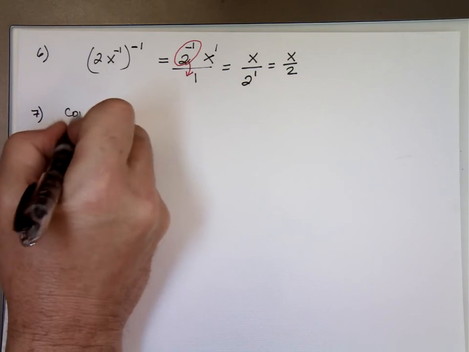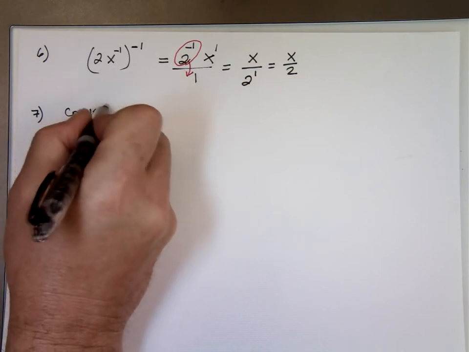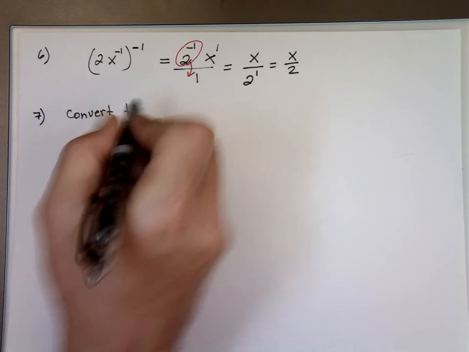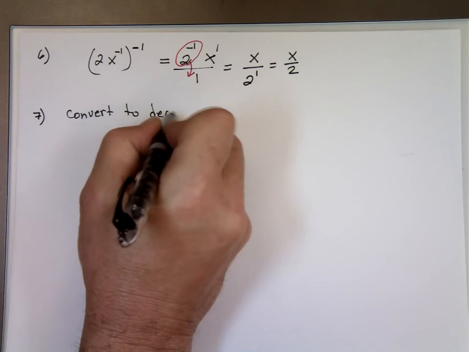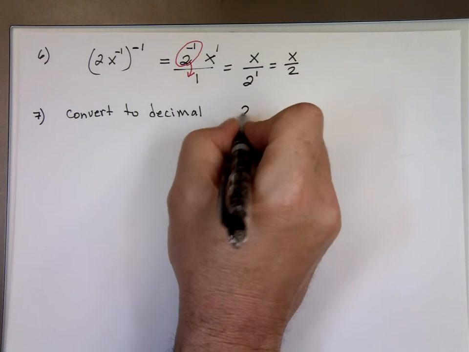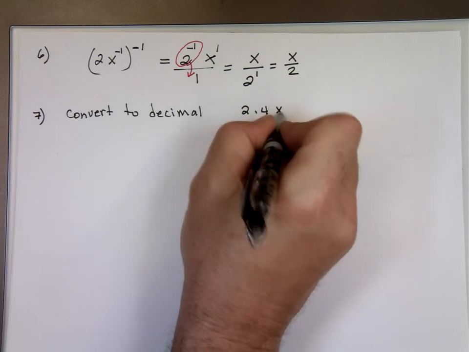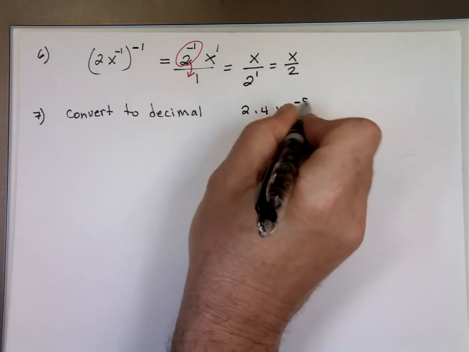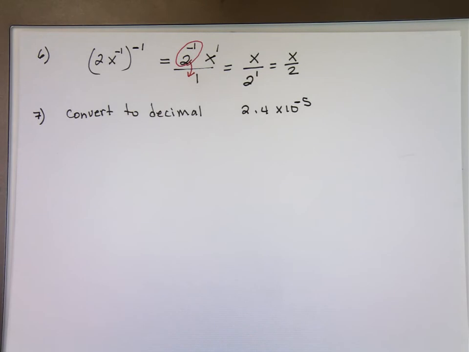Convert to decimal. And the number is 2.4 times 10 to the negative 5. That's in scientific notation. We need to change that to a decimal value. That's a negative 5.